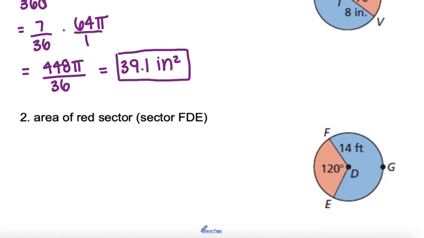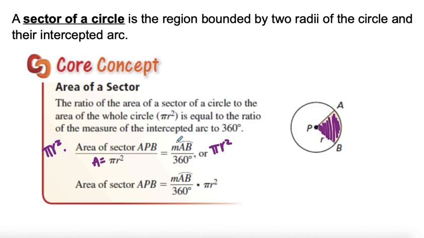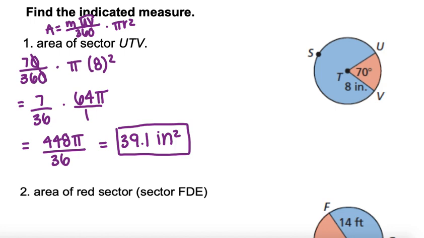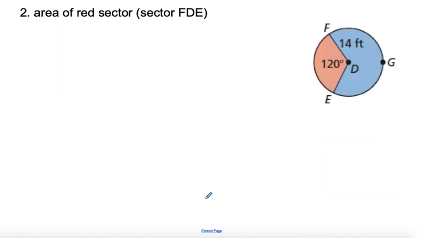Another way is to go ahead and use that proportion, so that top part, and go through your cross multiplication and everything. So let's go ahead and try it that way for this one. So I know my area of the red sector, let's just call that x, it's going to be on top here, over the area of the whole circle, so pi r squared, which my radius here is 14.